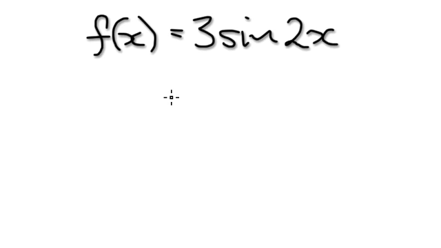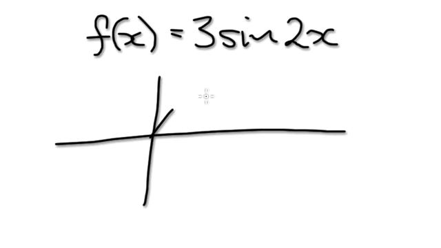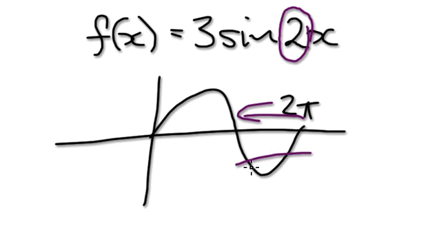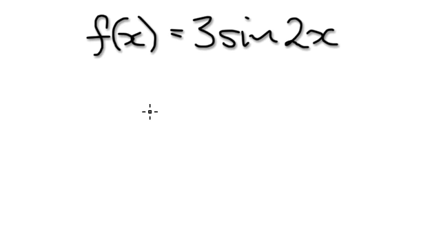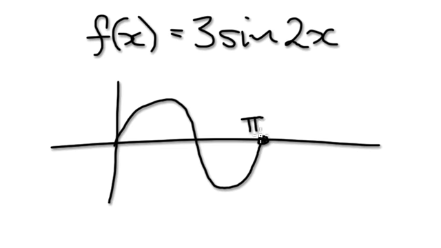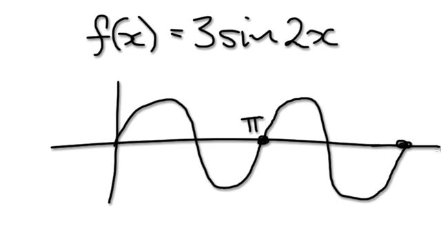Okay, so to sketch this here, normally it would look like this with 2 pi here. So now because you've got this 2 here, everything's going to get squeezed inwards. So it will look like this. This here will be 1 cycle. So this here is pi, and then this here would be 2 pi.